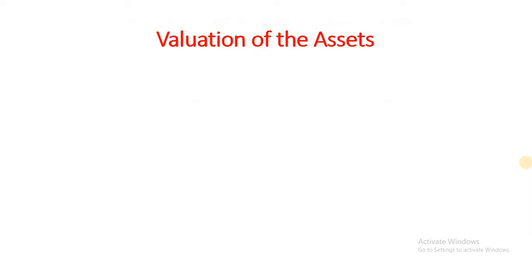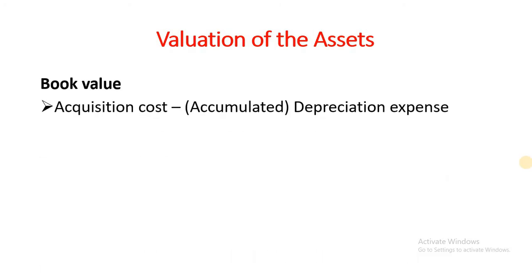Now, let me give you a brief introduction about the valuation of assets. Accountants believe that the value of assets deteriorates over time. So, they consider depreciation on assets. Book value of an asset is equal to acquisition cost minus accumulated depreciation.